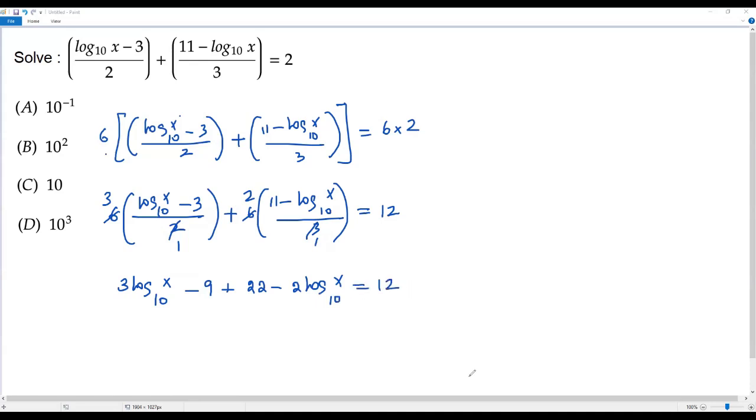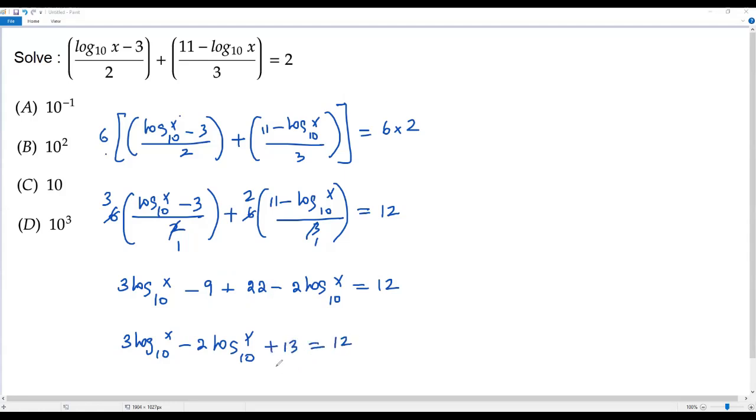Now what we can do is combine the two numbers over here, negative 9 and positive 22. The simplification of this one is positive 13, and we can write the terms which contain logarithm together. So we'll be writing 3 log x to the base 10 negative 2 times log x to the base 10. The simplification of this one is positive 13 equals 12.